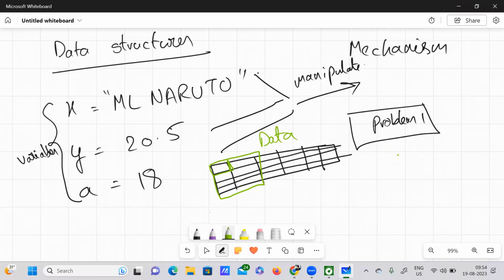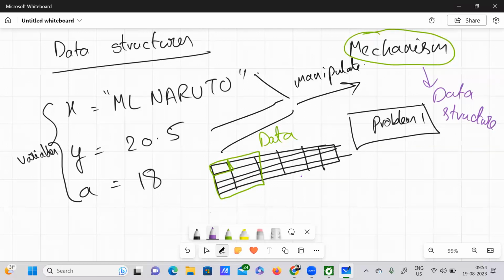So if you want to manipulate the data, we need a particular mechanism, and that mechanism is nothing but data structure. Data structure is that mechanism with which we can easily manipulate the data to solve any given problem.